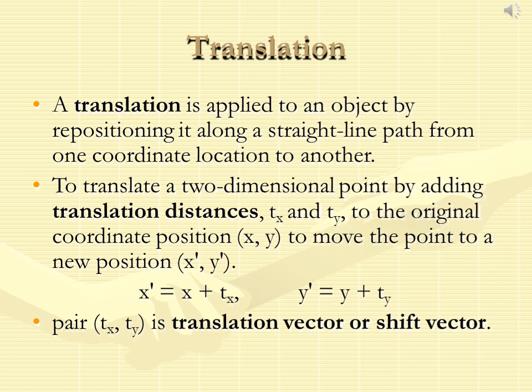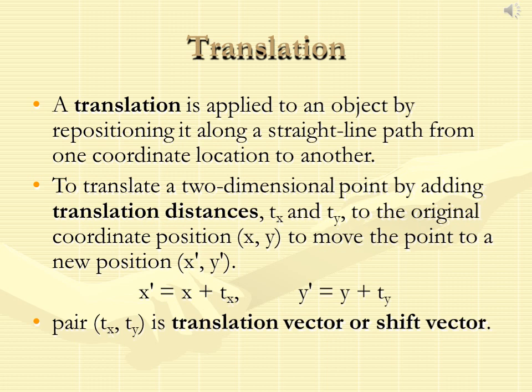To translate a two-dimensional point, we add the translation distances tx and ty to the original coordinate positions x and y to move the point to a new position x dash, y dash. x dash is equal to x plus tx and y dash is equal to y plus ty.